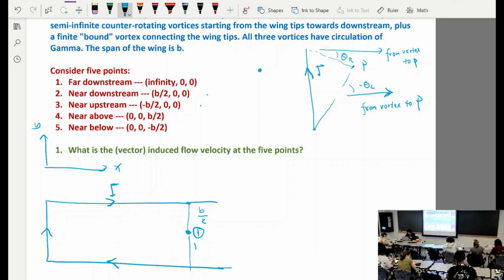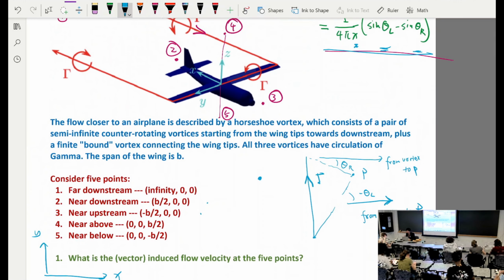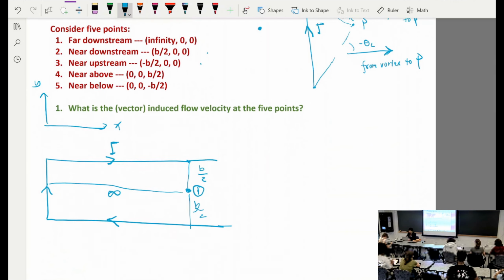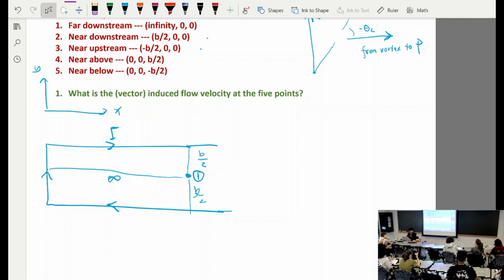So it's half b here, half b here. And to the bound vortex, the distance is infinity, right? So that automatically makes the effect of the bound vortex 0, because I'm dividing by infinity for the bound vortex. So we don't have to consider the bound vortex at all.